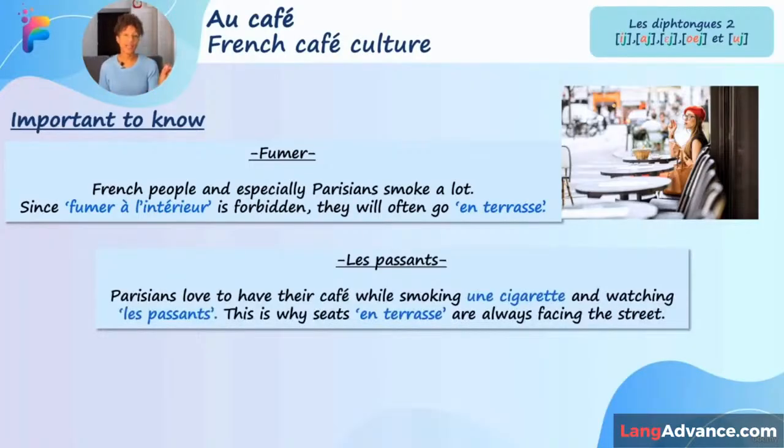Les passants is like the people passing by. Parisians love to have coffee while smoking une cigarette, a cigarette, and watching les passants, watching the people passing by. This is why when you go en terrasse, you will notice that the seats are always facing the street. This is part of the coffee culture.